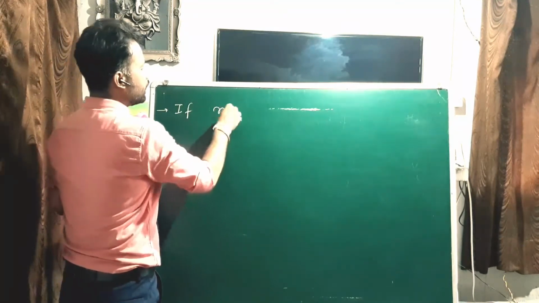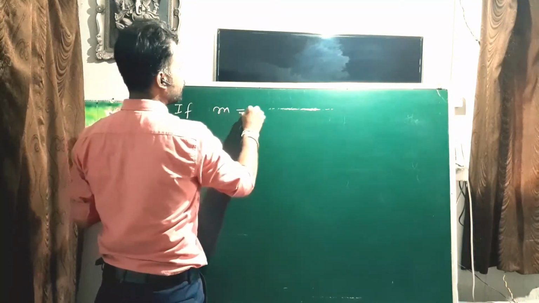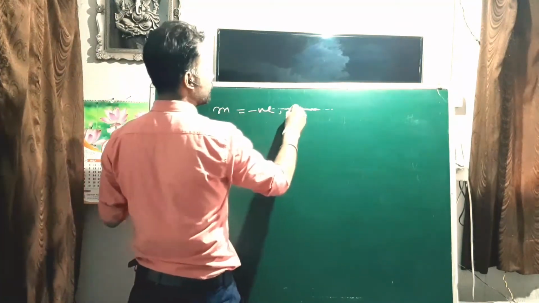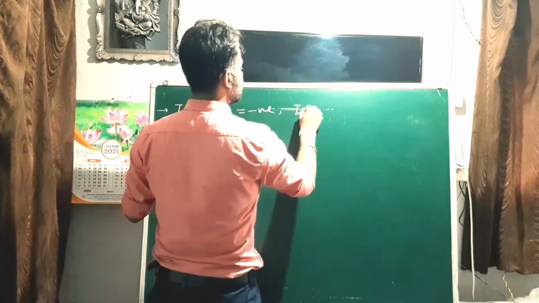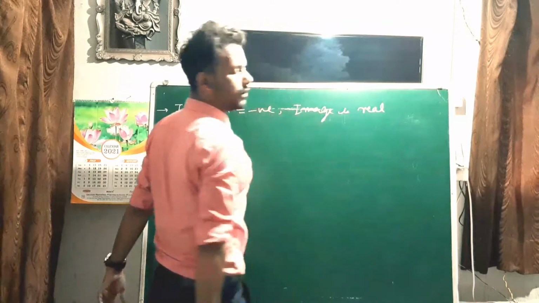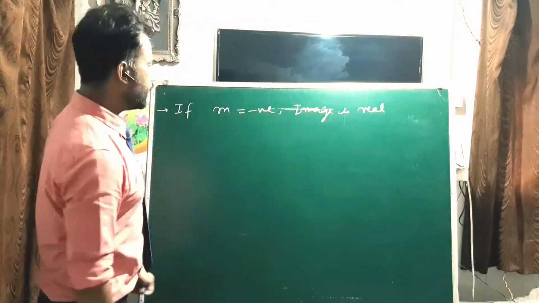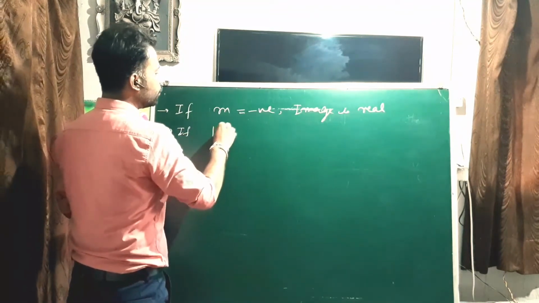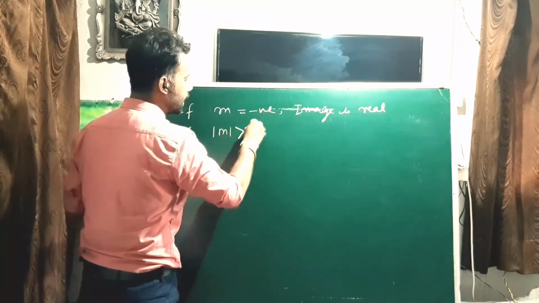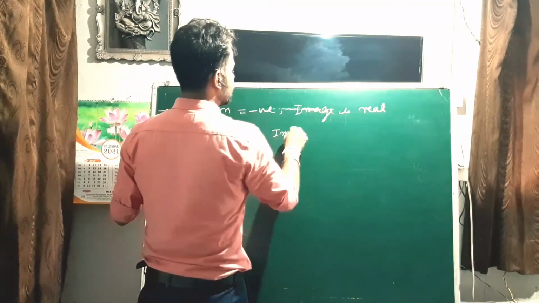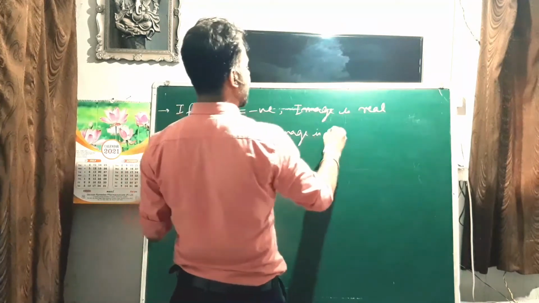If M is negative, it shows that the image is real, right? And if the magnitude of M is more than 1, then obviously the image is enlarged.